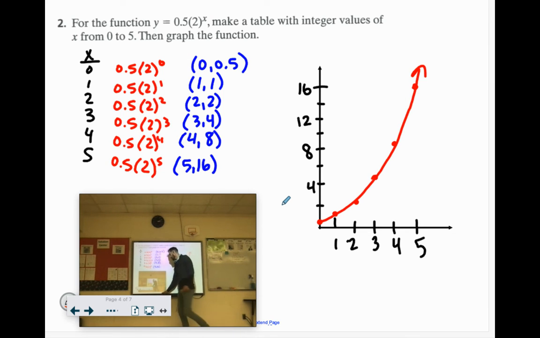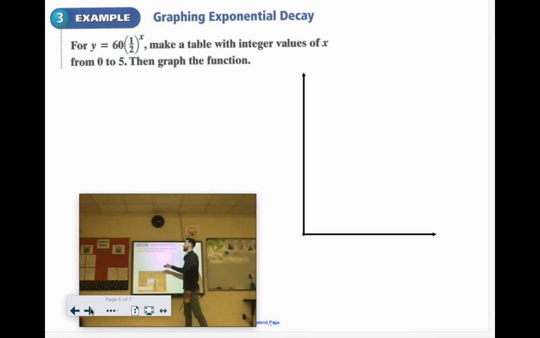Cool. Now we're going to go into exponential decay. So 60 times 1/2 to the x power. Remember, if it's between 0 and 1 with the exponent, that would show decay. So we want to use 0 through 5 here. I'm going to scooch over for a minute.